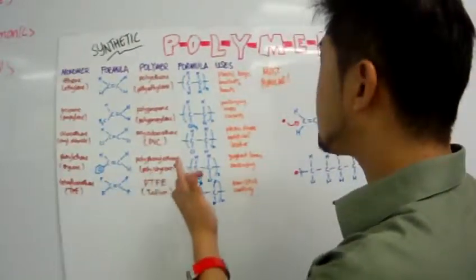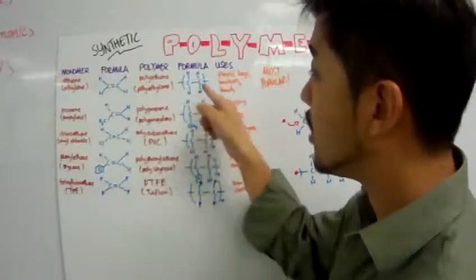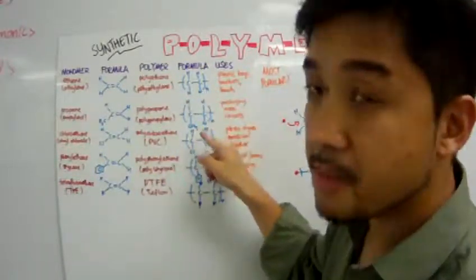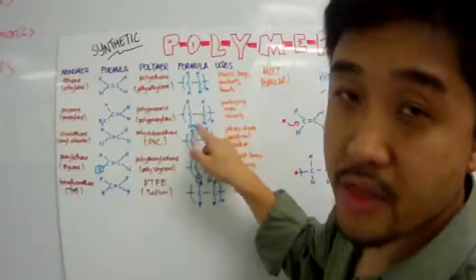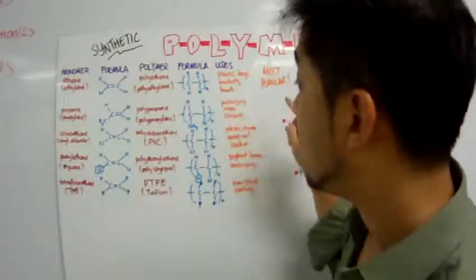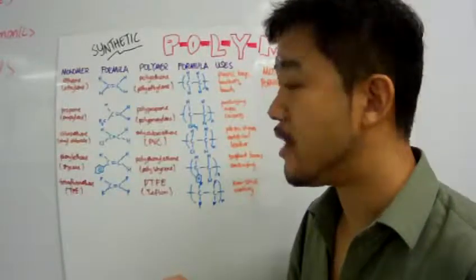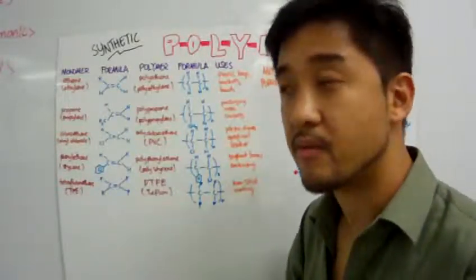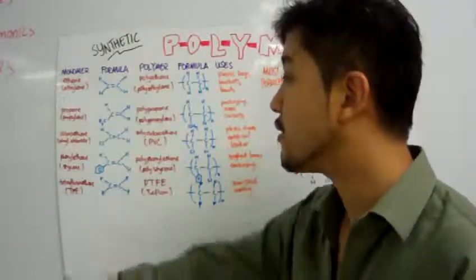And so its condensed formula will simply be the same as the polyethylene formula, except that one of every other carbon will have a methyl group attached to the long hydrocarbon chain. And so polypropylene is quite popular to make ropes, carpets, or other kinds of packaging.